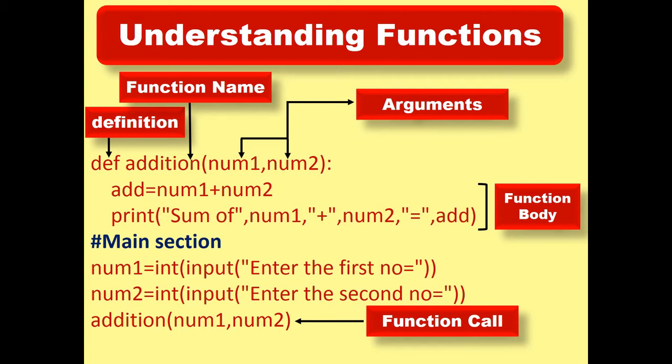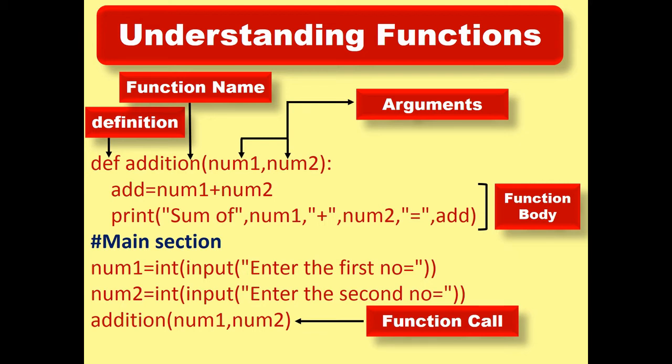def, my dear students, is a keyword, and a keyword means a word having a predefined meaning in the system. But def is also called a definition. Definition of what thing are we supposed to define?